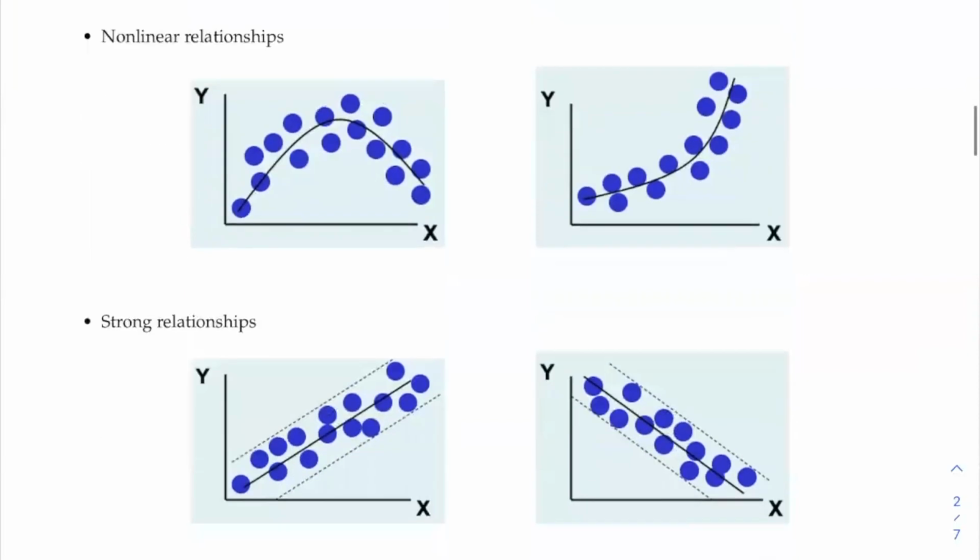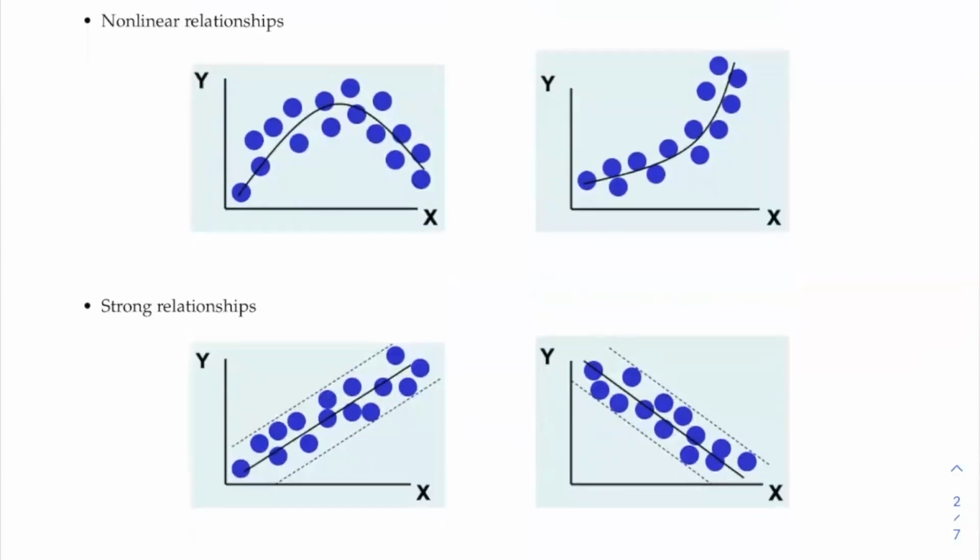Now, there's a certain strong relationship between the data points and the line or the curve that you want to fit, because the data points cluster around it. When this happens, you say that the relationship between the data points and the curve is strong, right?